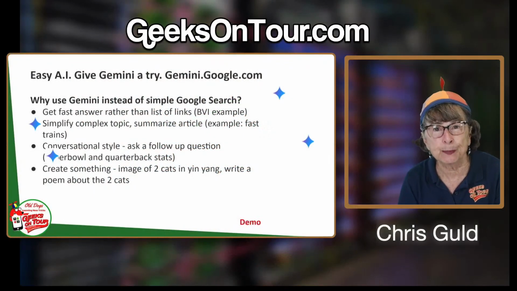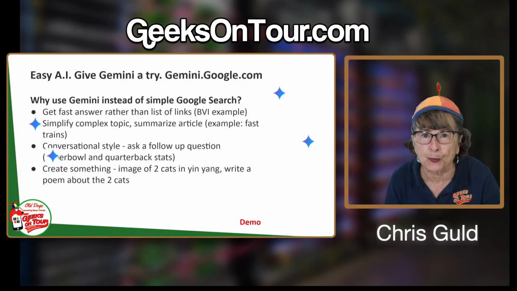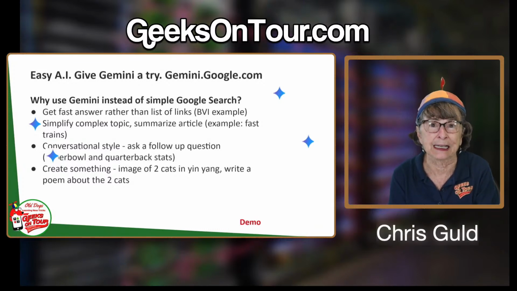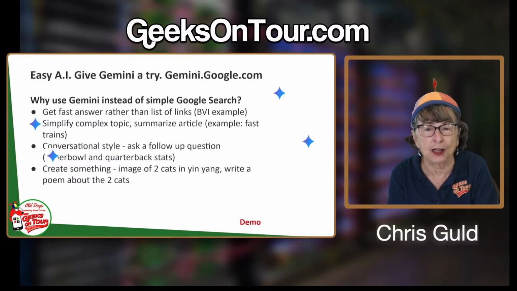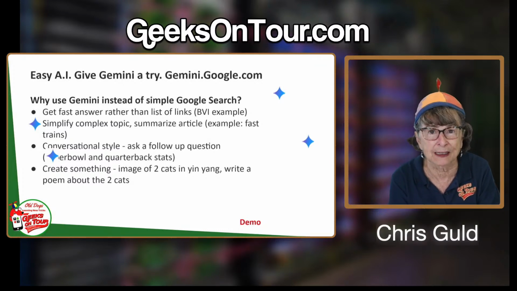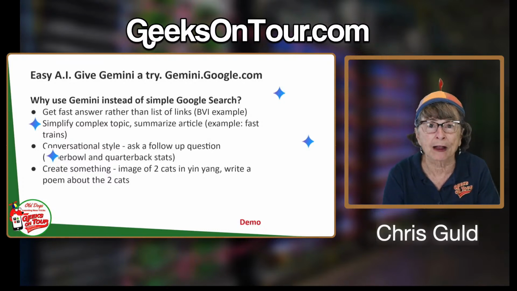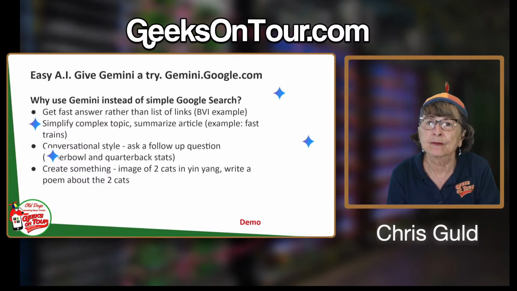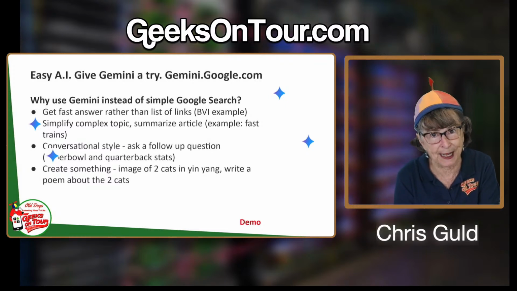AI has been built into Google products for many, many years. The new thing is that there are these apps, they call them chatbots, that are just for artificial intelligence and to let you talk. You can just talk to an artificial intelligence. There's lots of them. Google's is called Gemini.